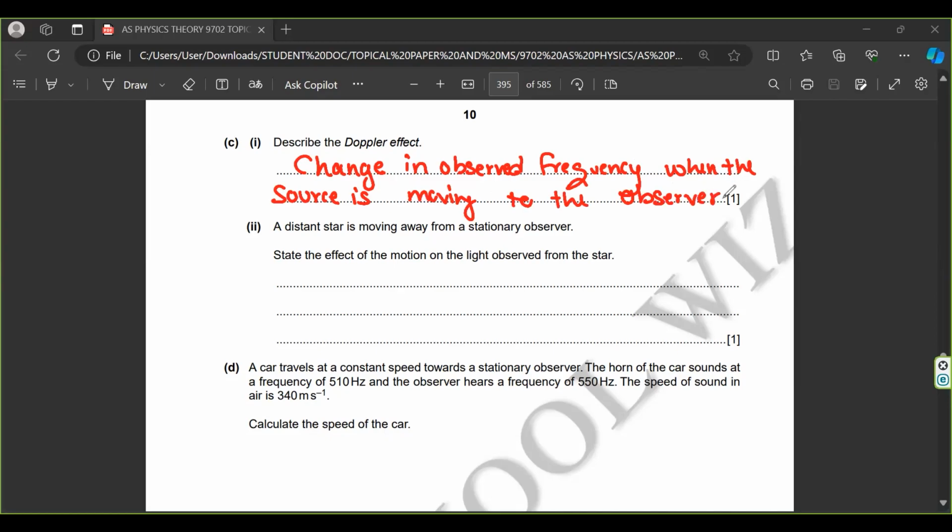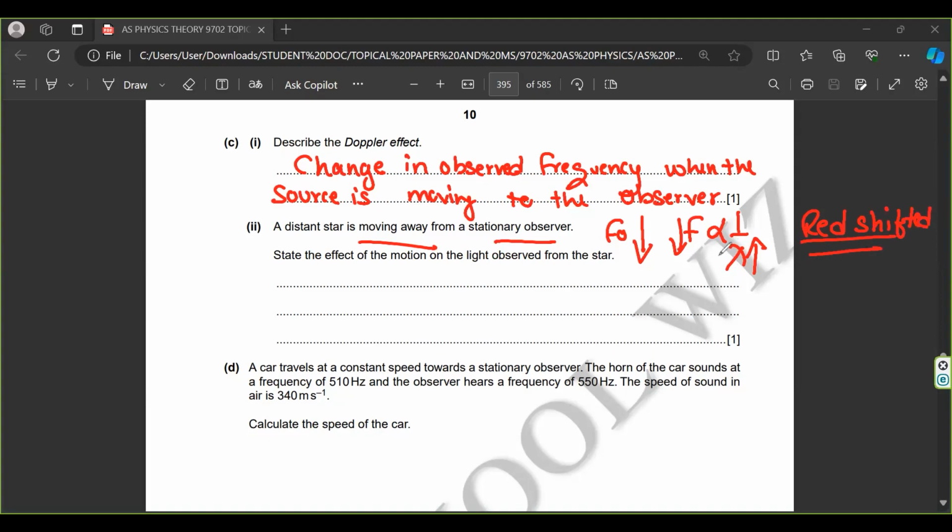All right. Now, a distant star is moving away from a stationary observer. State the effect of motion on light observed from the star. If a distant star is moving away from a stationary observer, the observed frequency would decrease, and we know that the relationship between frequency and wavelength is inverse. So the frequency decreases, the wavelength increases, which means the light will be redshifted.